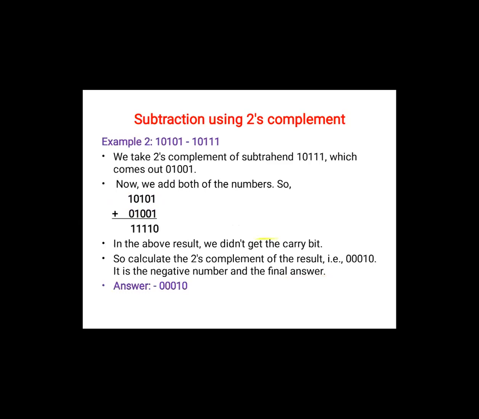Subtraction using, it is different, no? 1 0 1 0 1 0. Yes, do it. The first example was with a carry. The second one is without a carry. So again, take the 2's complement of the subtrahend. Add both. Here we didn't get a carry, so take the 2's complement of the result, and that will be your negative answer.